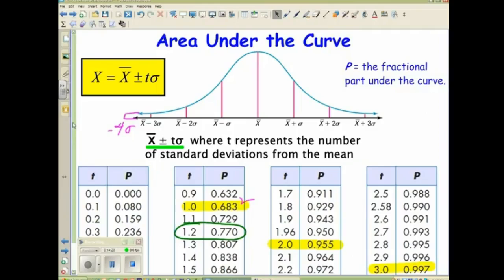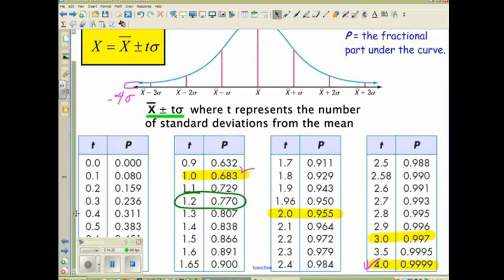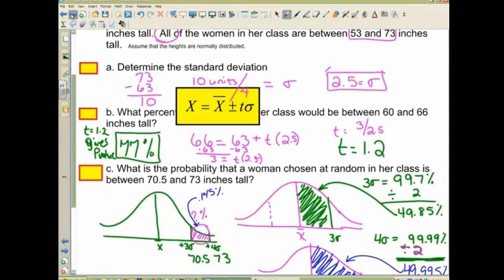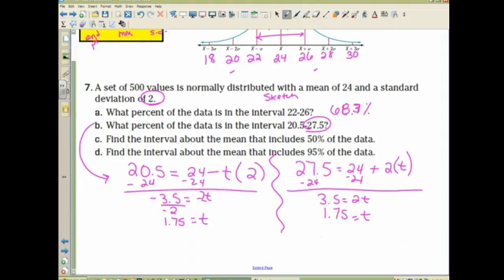Back to the t-p chart, 1.75 is right here, and that would be 91.1%. We just need to grab one of those values.